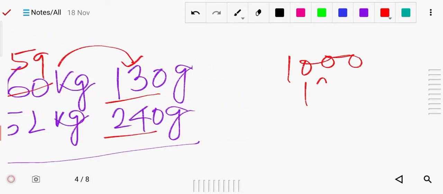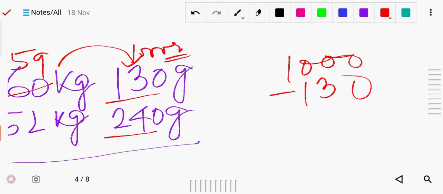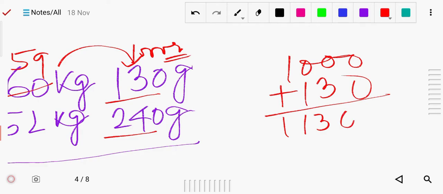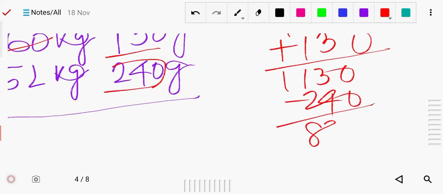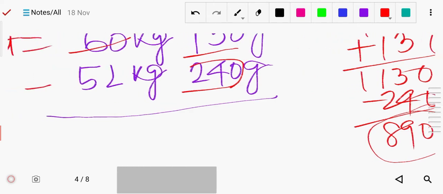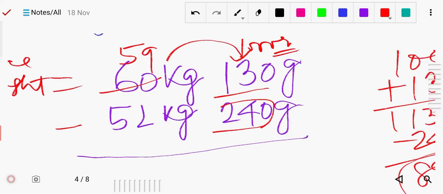So 1000 plus 130, you can add these two, it will be 1130, and you can subtract 240, so that will be 890. So on this side 890 gram is left.